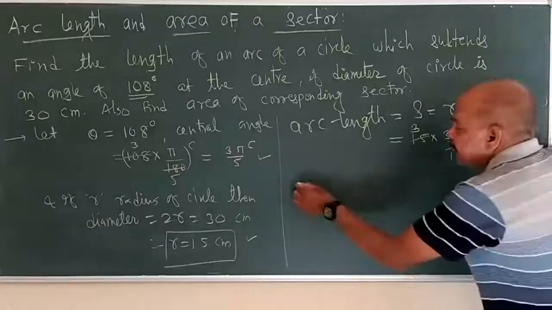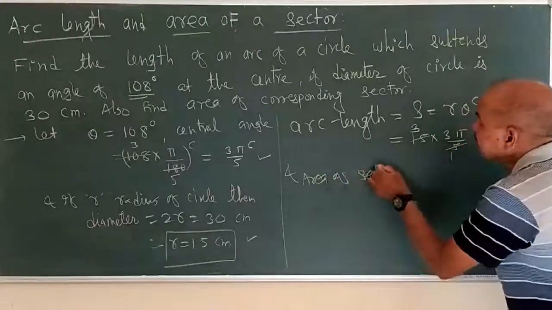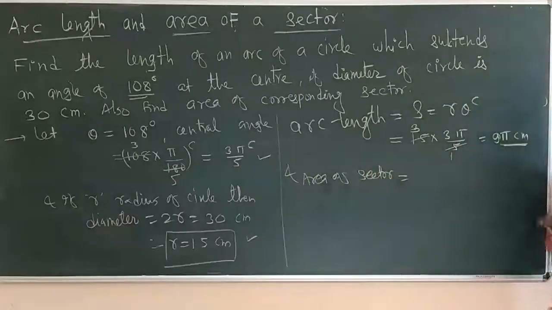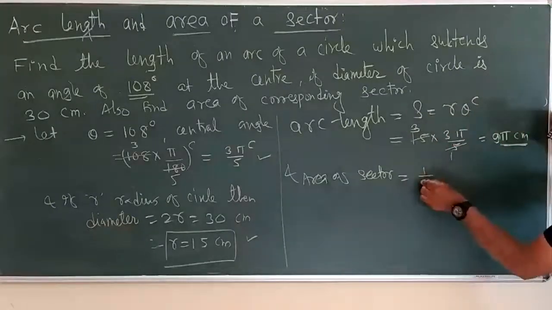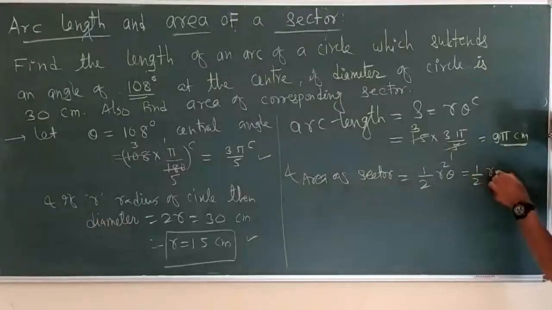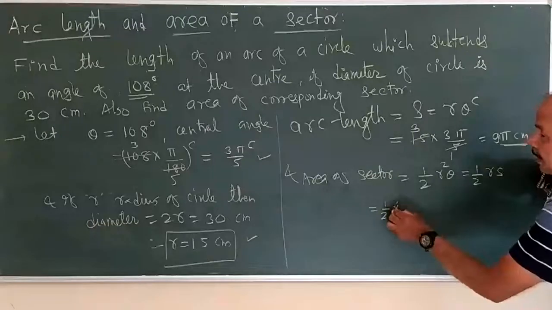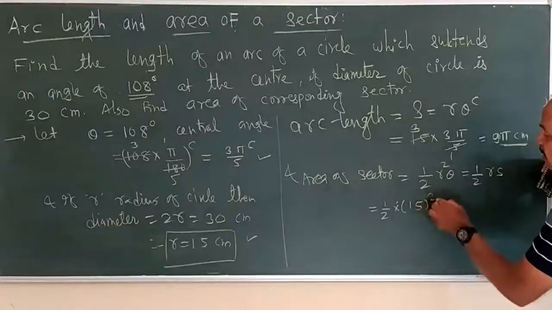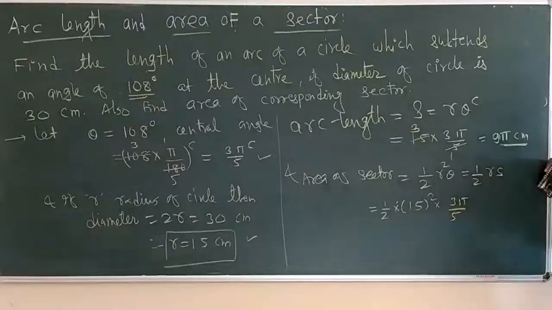Okay, and area of sector, you have two formulas: in terms of arc length, or directly, which is 1/2 r square theta, or 1/2 r s. That is equal to 1/2 r square theta. What is r? 15 squared, into theta, which is 3 pi upon 5.